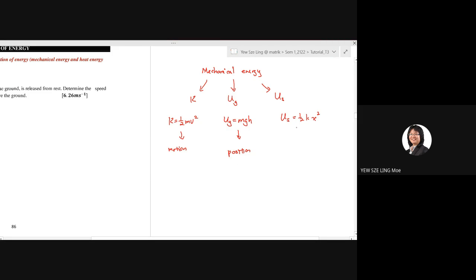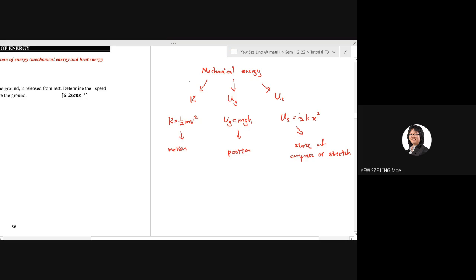All right, and then the last one depends on the state. What does it mean by state? The state of compression, compressed or stretched. It depends on whether you stretch the object or you compress the object. All right, so now you have 3 different energies.